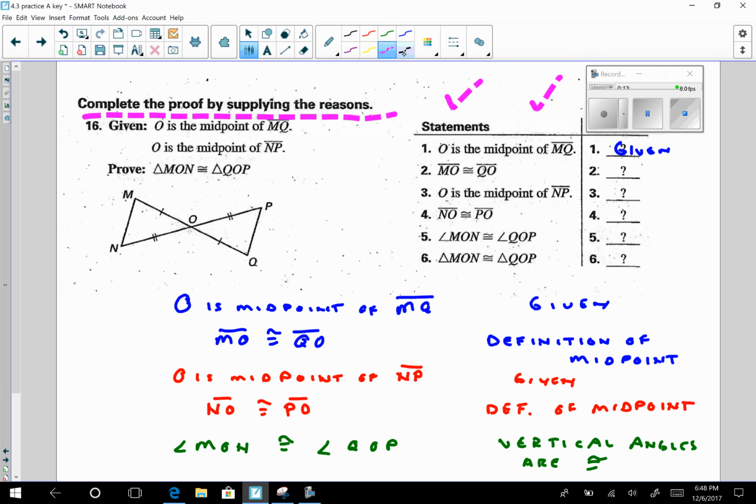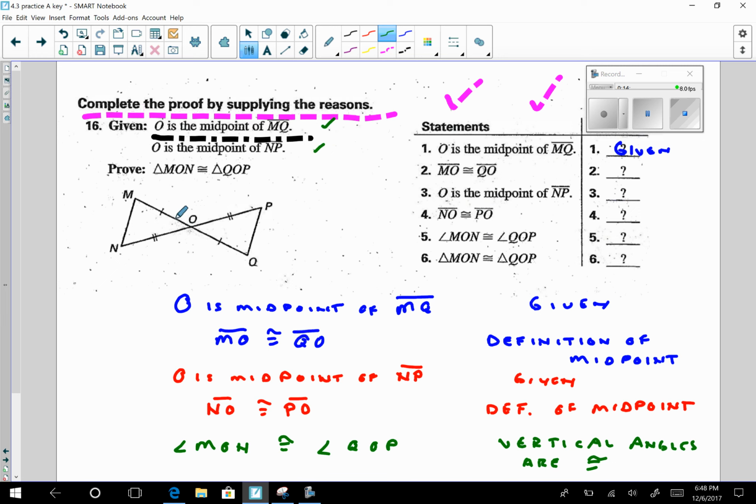So here's our given information. I am given that O is the midpoint of MQ, and O is the midpoint of NP. They have this diagrammed out for me, these two statements.